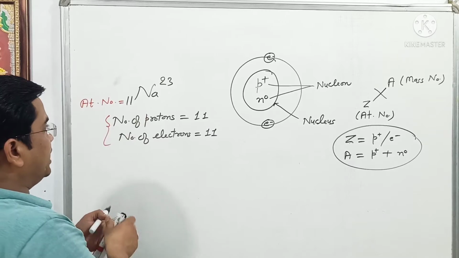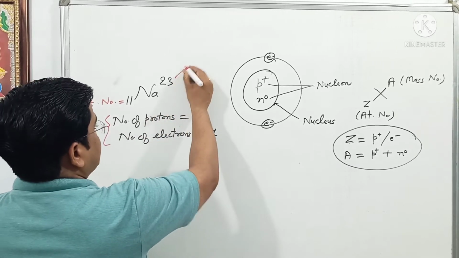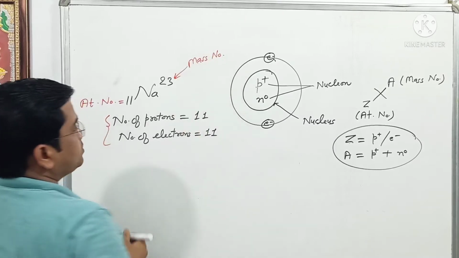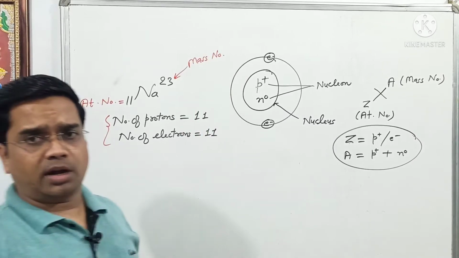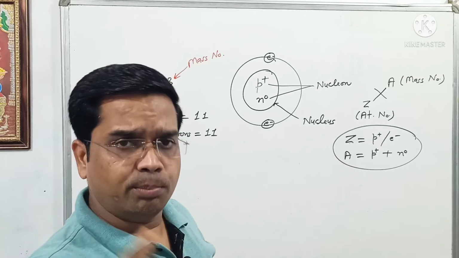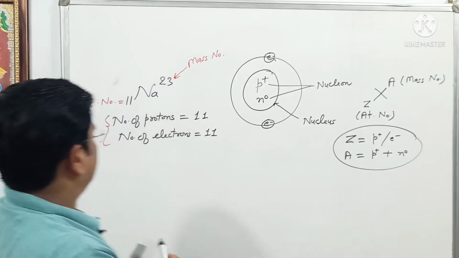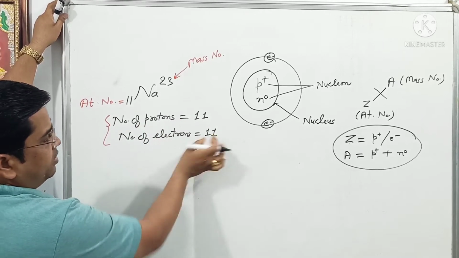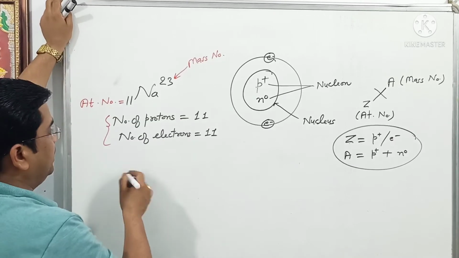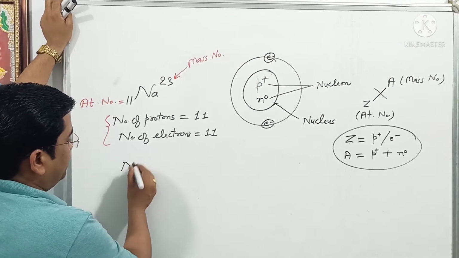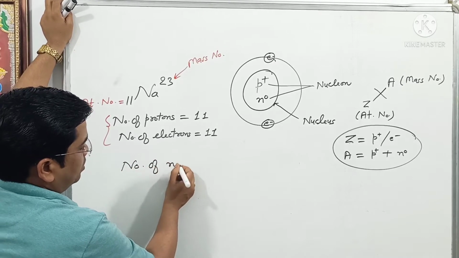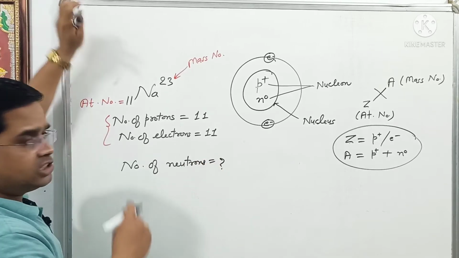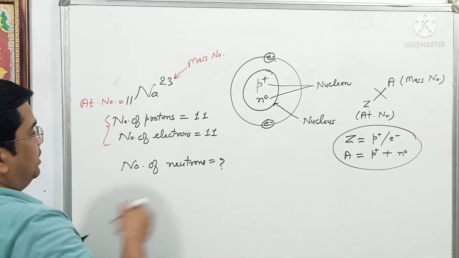And upside you are observing that this is the mass number. Mass number means the number of protons and number of neutrons, both added to each other. Okay friends, then here number of protons is 11, number of electrons is 11, and we have to find out the number of neutrons. If we have to find it out, then just pay attention friends.